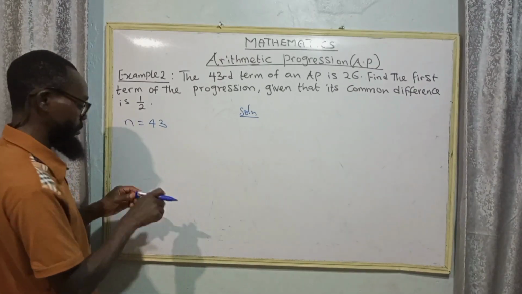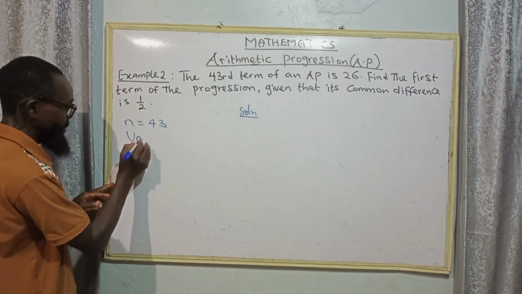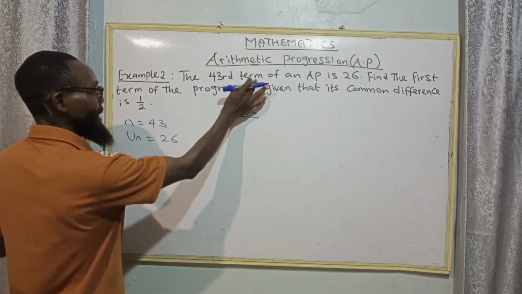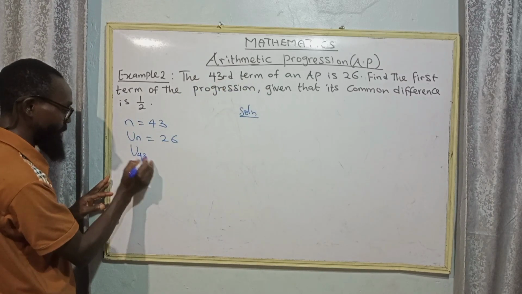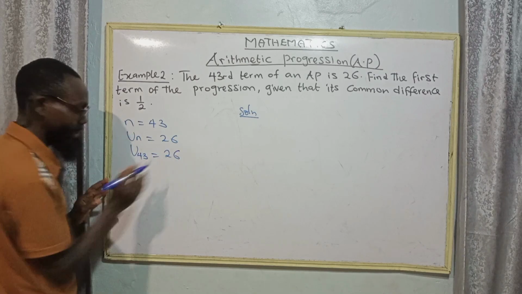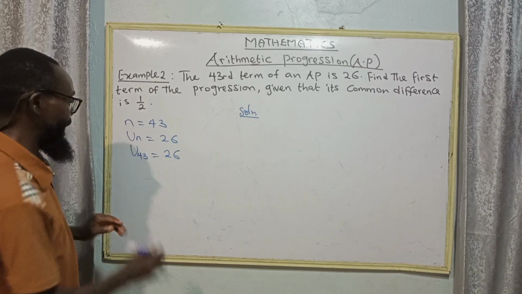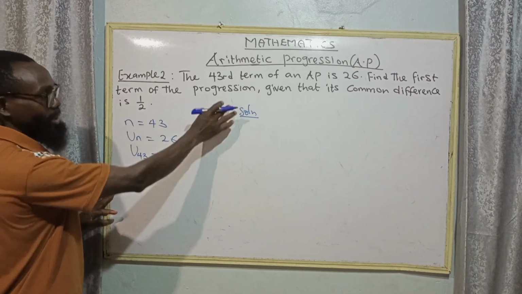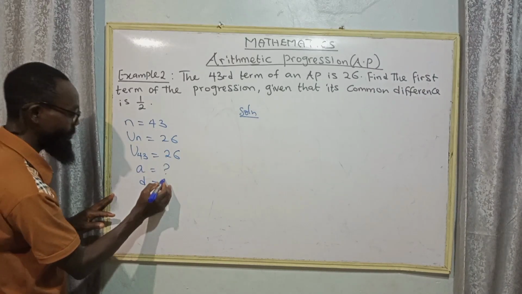This means our Un equals 26, the 43rd term. So U43 equals 26. Let's do it this way: find the first term A, unknown, of the progression given that its common difference D is 1 over 2.